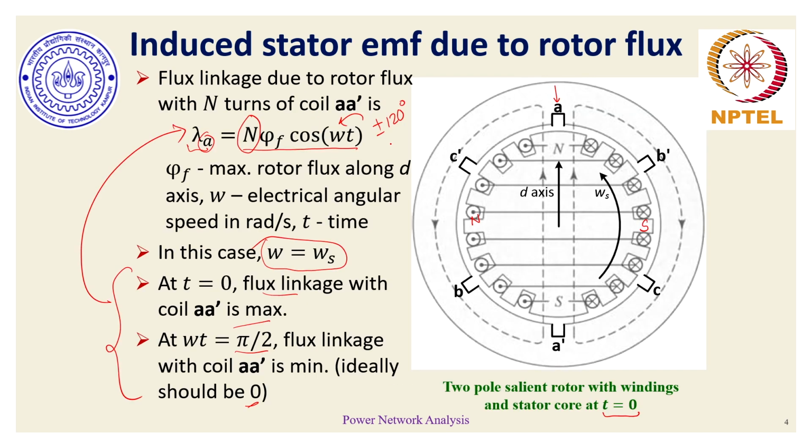Phi f, by the way, I forgot to mention, is the maximum rotor flux along the d-axis, which is where I was mentioning the permanent magnet aligning along the coil AA dash direction. Phi f essentially depends on the number of turns on the rotor winding, and it also depends on the winding current, the DC current flowing in the rotor winding, which is often called the field current, hence the term IF.